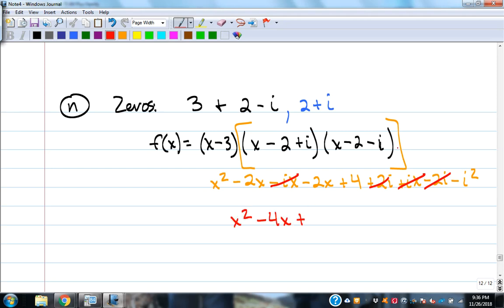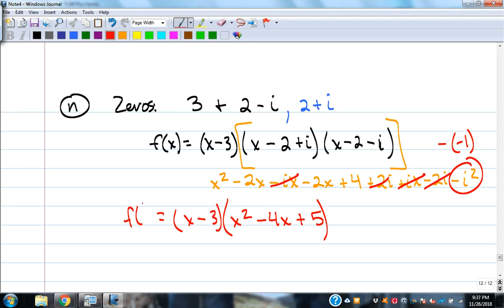I have a positive 4, but I also have this minus i squared. What does i squared turn into? Not 1, but negative 1. So this is negative of negative 1, which is positive 1. 4 plus 1 is 5. That got rid of all of the i's.